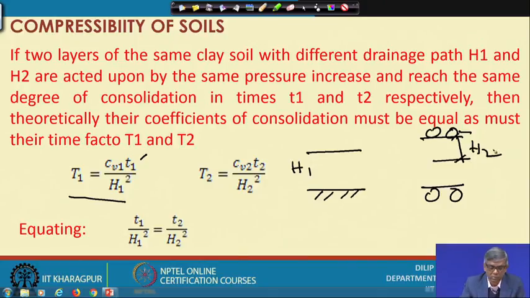Though initially I am writing C V 1 and C V 2 separately, since the soil is the same, the coefficient of consolidation will be the same.